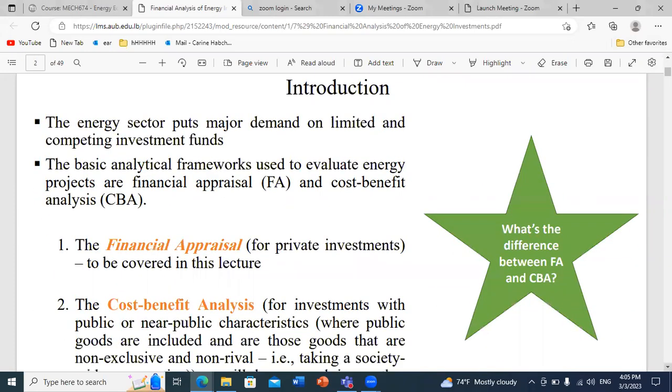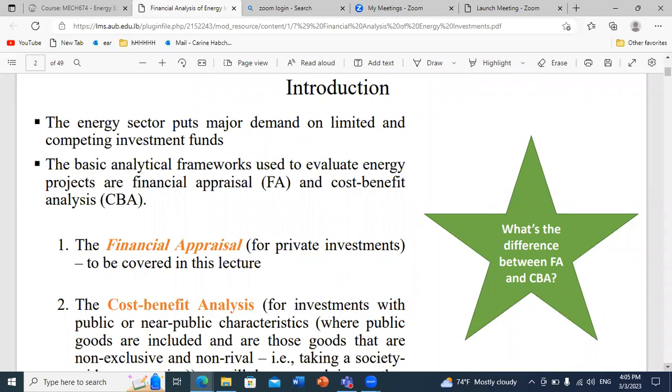To start with, we know that the energy sector is a very involving sector and it puts major demand on limited and competing investment funds. You know that because of the technology development and the need to increase the energy efficiency, we have a lot of new technologies that are emerging, and all of these need funds.